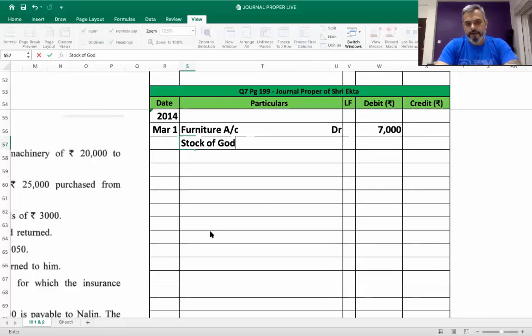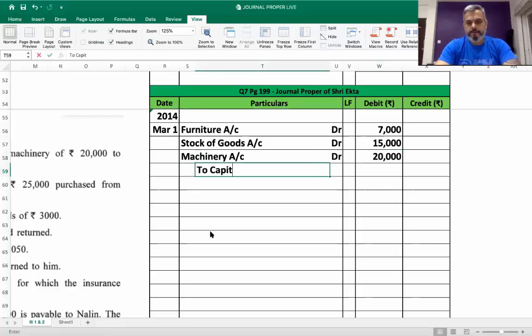Stock of goods account debit 15,000, machinery account debit 20,000, to capital account. 20 and 15, 35 and 7, 42,000.